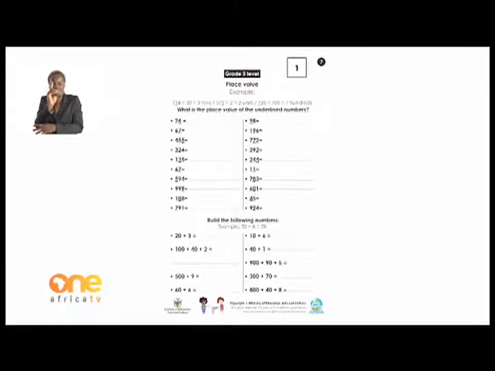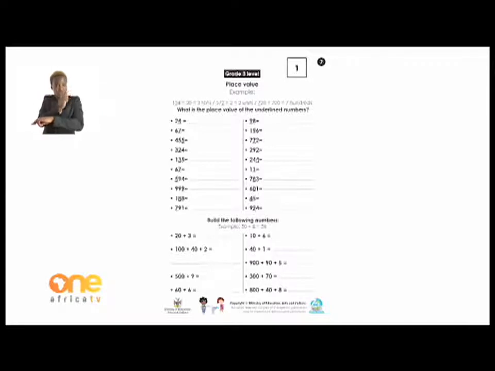Is it hundreds, tens, or units? There are only 2 digits there, so it's only tens and units. The place for the 4 is the units. So you write the word units there.